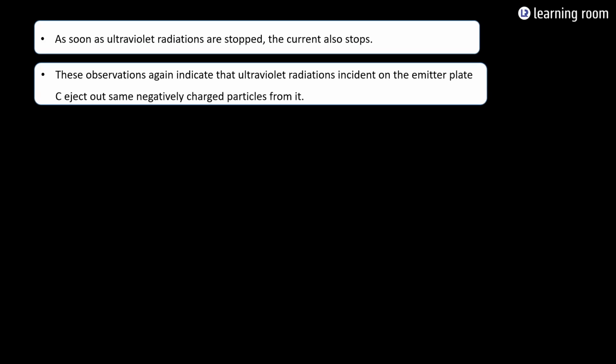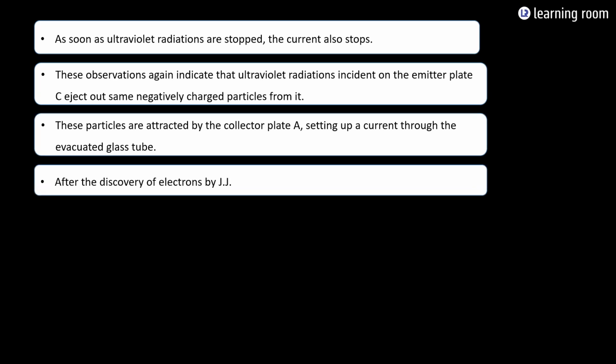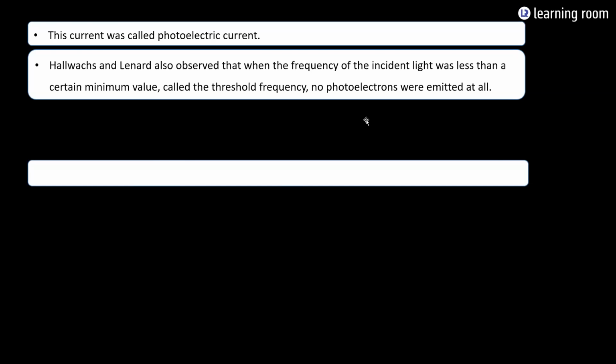Now, from these observations, we can indicate that ultraviolet radiation incident on the emitter plate C ejects some negatively charged particles from it, and those negatively charged particles were called as... see a diagram.